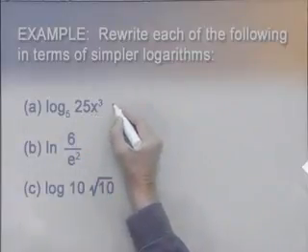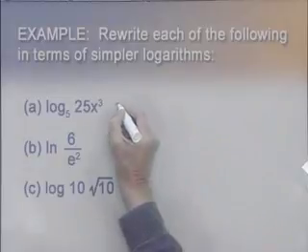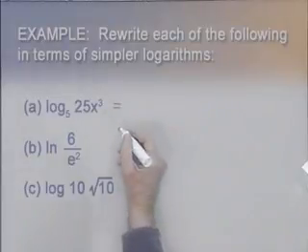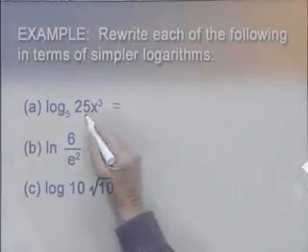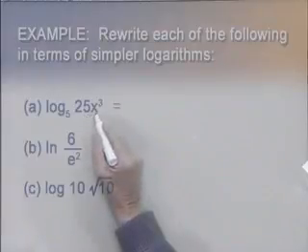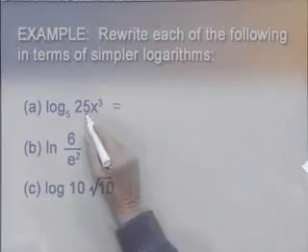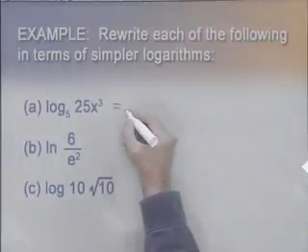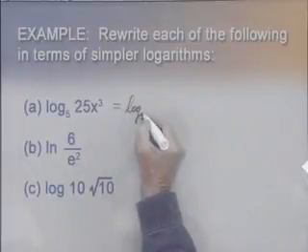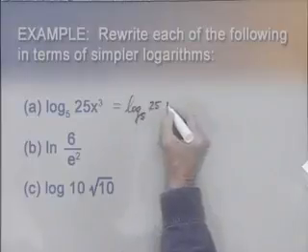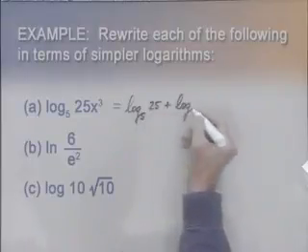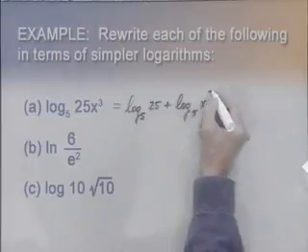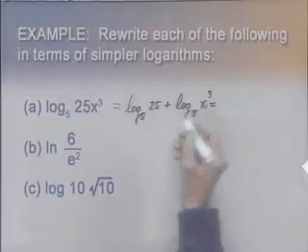If we change that to a simpler logarithm expression, the first thing I notice is this is a product of two factors, 25 and x cubed. So if I use the very first law of logarithms, the log of a product is the sum of 2 separate logs. So this will be the sum of the log base 5 of 25 and the log base 5 of x cubed. Now, we can reduce each of these.